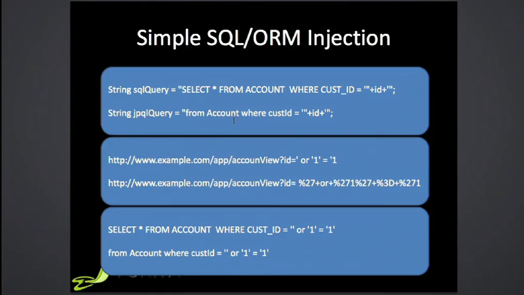A simple SQL injection. I think that SQL injection is one of the most common, most popular and well known. So I guess that all of you know how to protect against SQL injection. We should basically use prepared statements, criteria APIs, and basically parameterized APIs instead of concatenating strings.